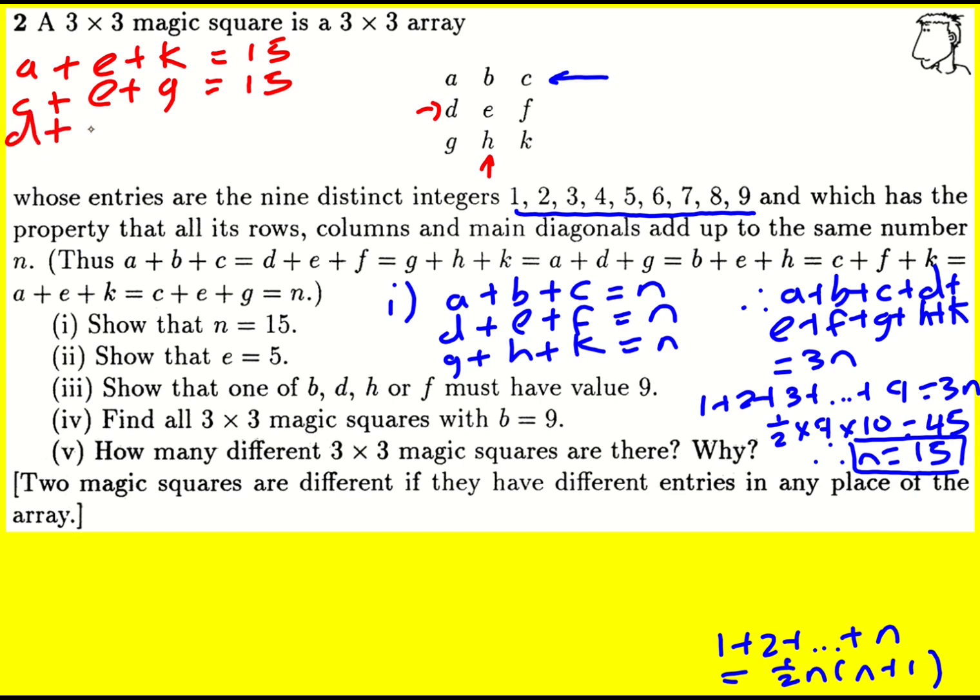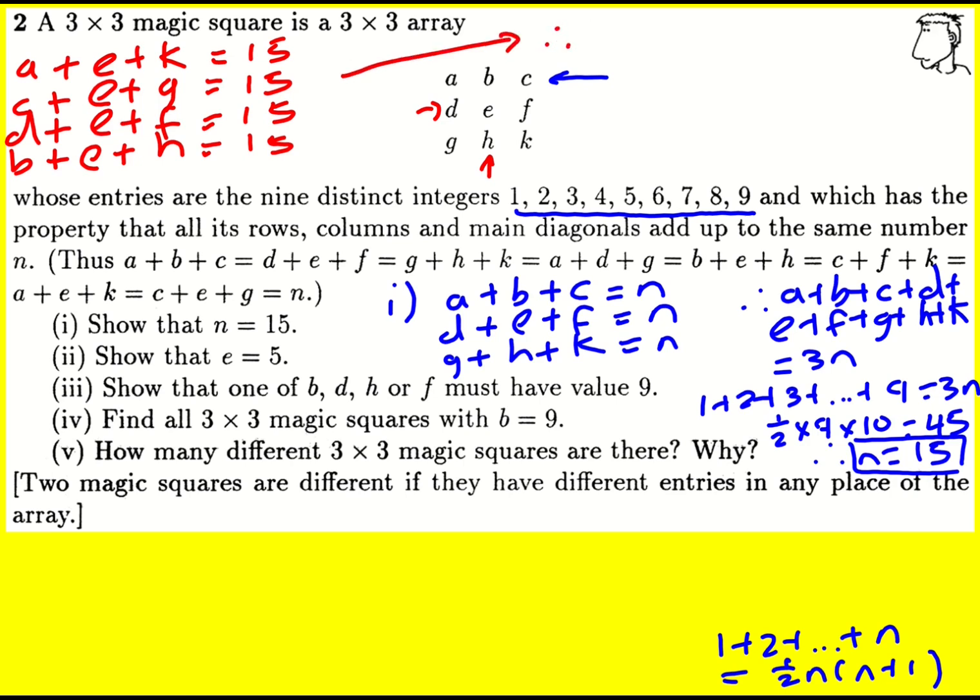I've got D plus E plus F is 15, and B plus E plus H is 15. Note, I've got every single letter once except E, which I have 4 times.